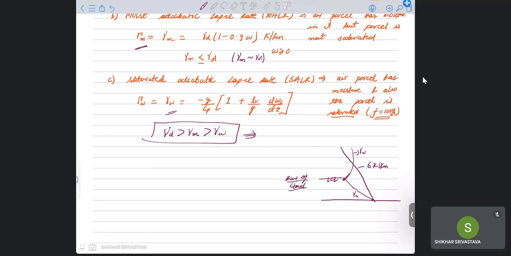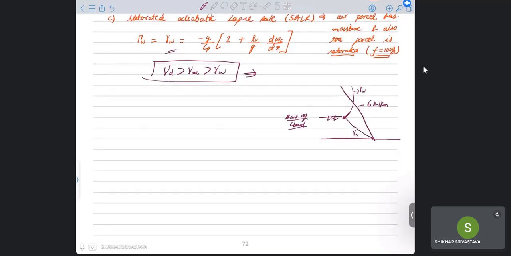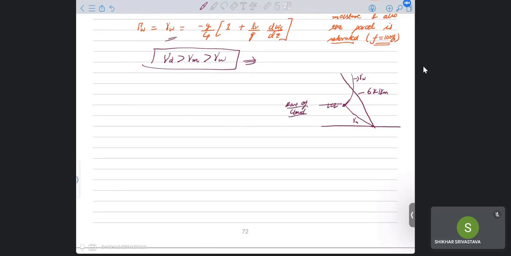So it is just an extra thing. It's not there in your online lecture. So I will just help you in deriving. Suppose someone asks you to estimate the height of the base of the cloud. By height of the cloud, I mean the base of the cloud, the height from the surface.